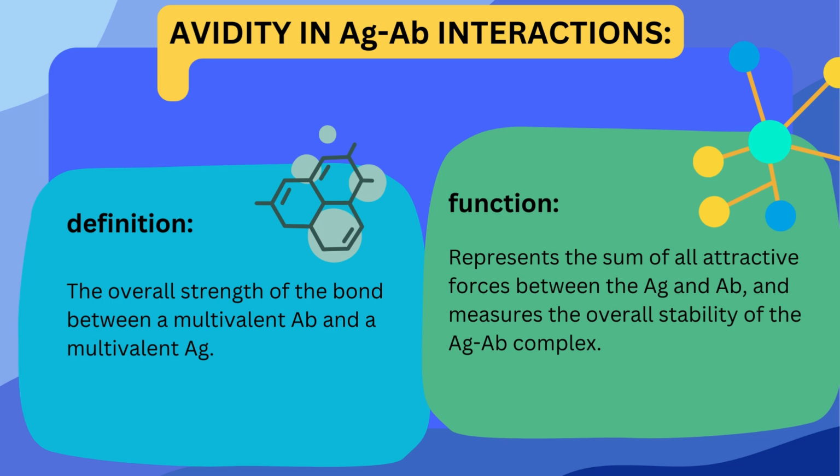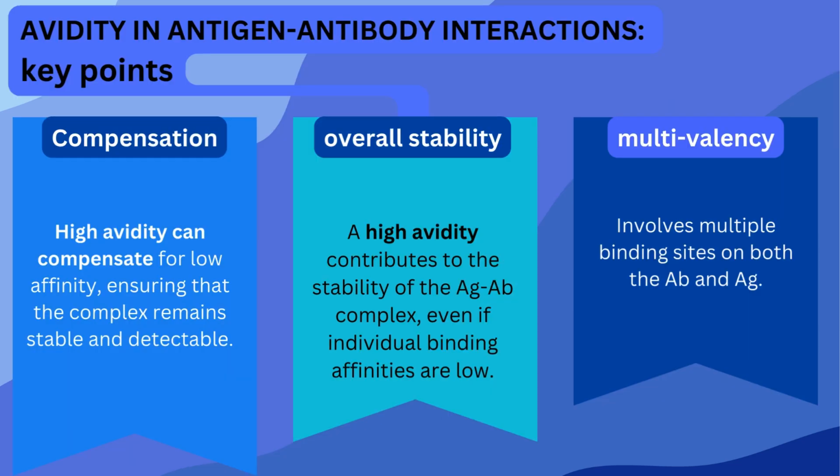It is the sum of all the attractive forces between antigen and antibody. So it's the measurement of the overall stability of an antigen antibody complex. That's avidity in contrast to affinity.